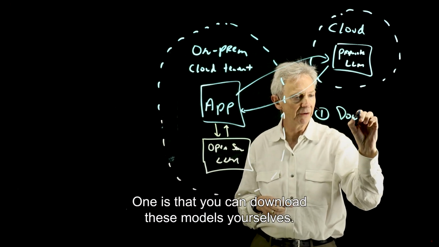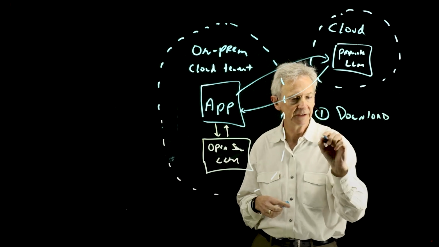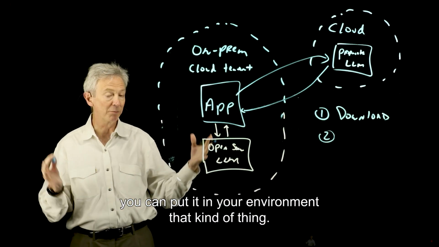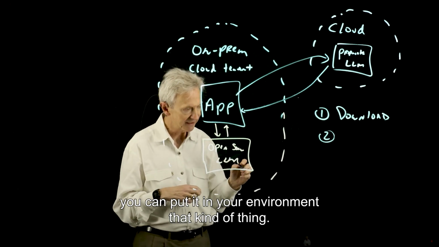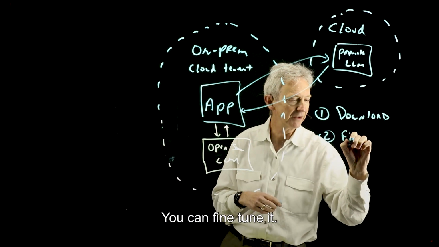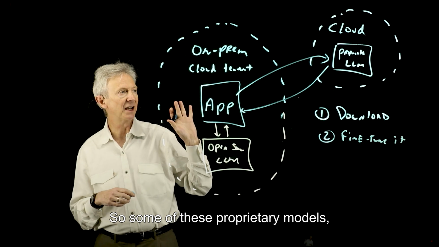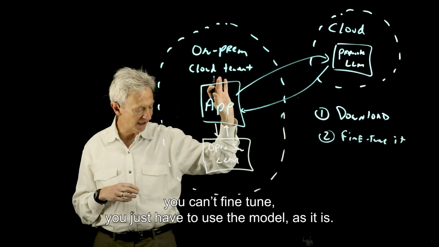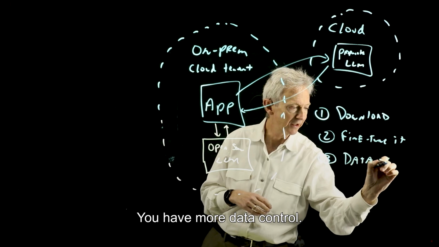And so the major differences, I would say, let me do this over here, are one is that you can download these models yourself. So you can download the code, you can inspect the weights, you can put it in your environment, that kind of thing. You can fine-tune it. So some of these proprietary models you can't fine-tune, you just have to use the model as it is. You have more data control.